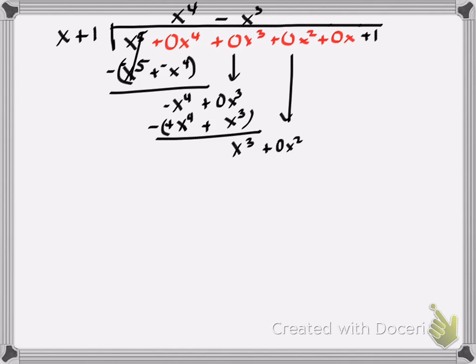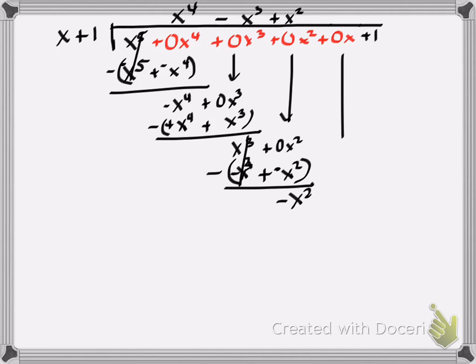So now I'm going to multiply everything by plus x squared. We end up with x cubed plus x squared, but I have to subtract everything, so this will be negative, they'll cancel out, and this will be negative x squared, and then I'm going to bring down my plus 0x.